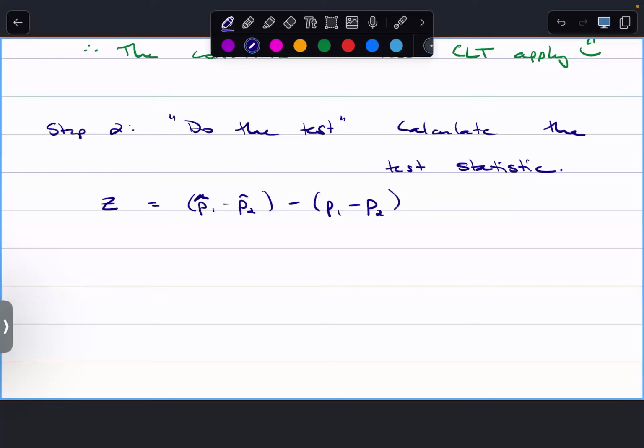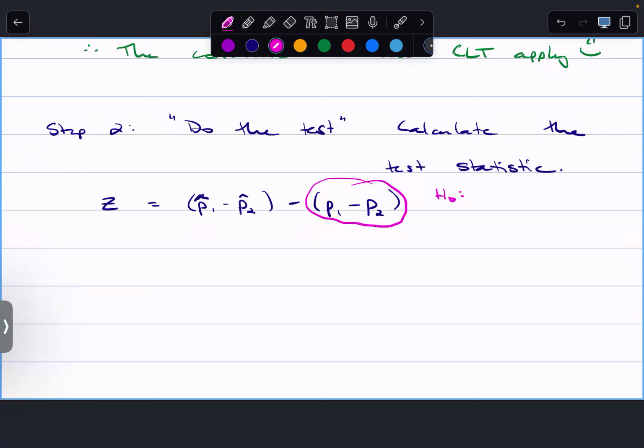How far is the observed difference in proportions from the hypothesized difference in proportions? Now this, we usually just write as 0, or we don't even write it at all, because we have to assume that the null hypothesis is true.